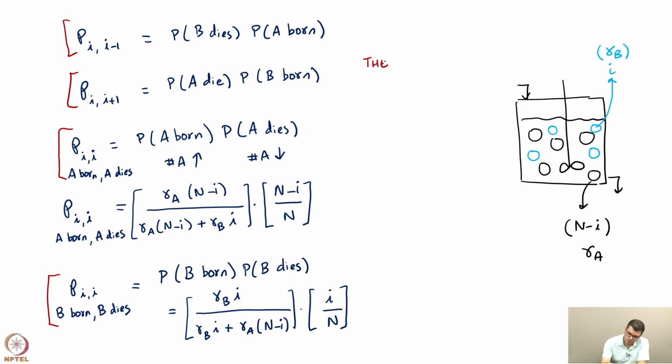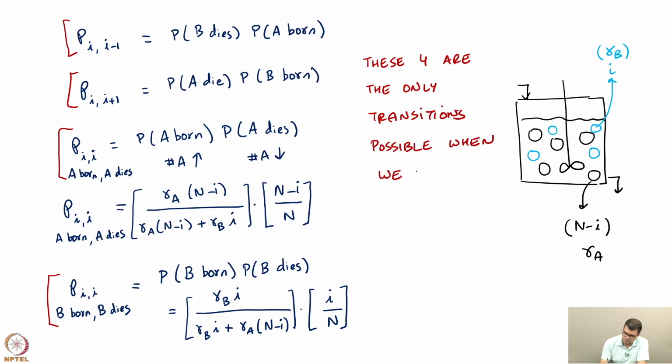So these 4 are the only transitions possible in this population when we have only 2 genotypes in the chemostat, which are A and B.